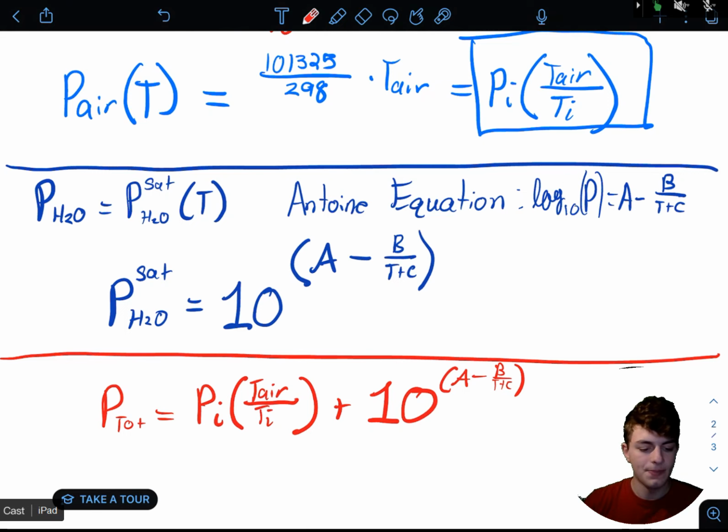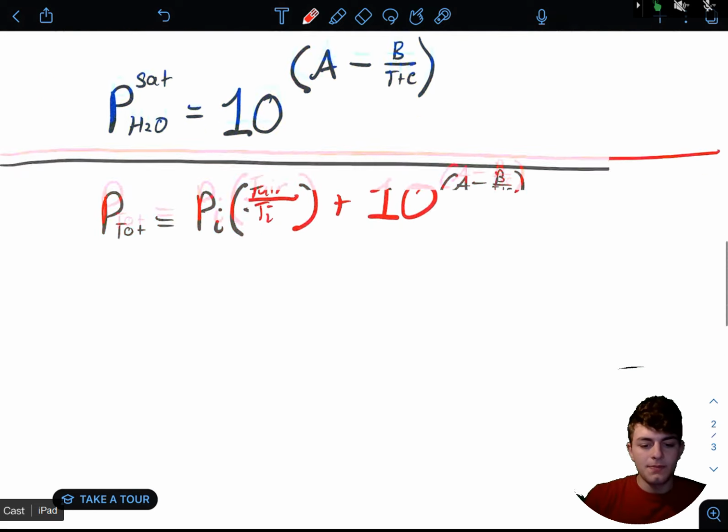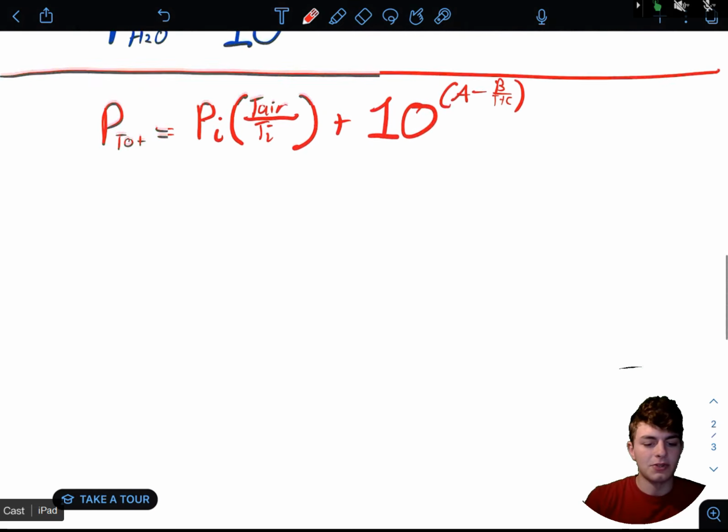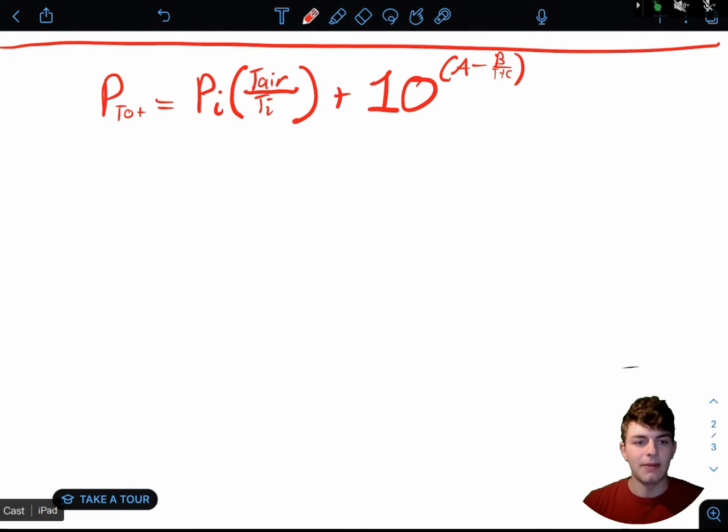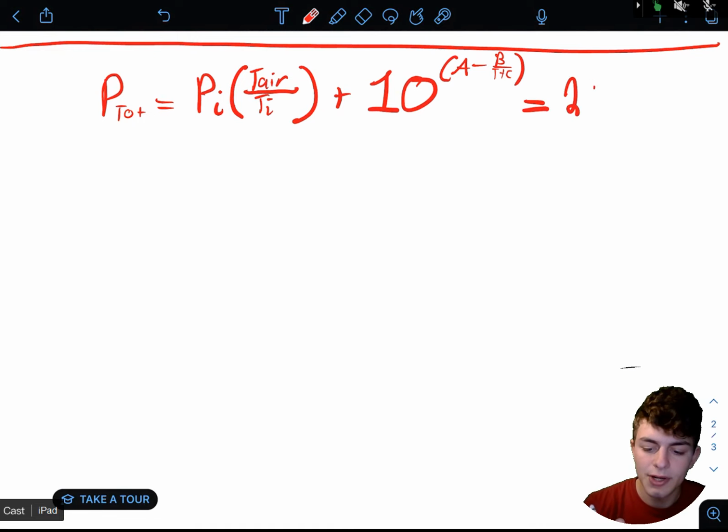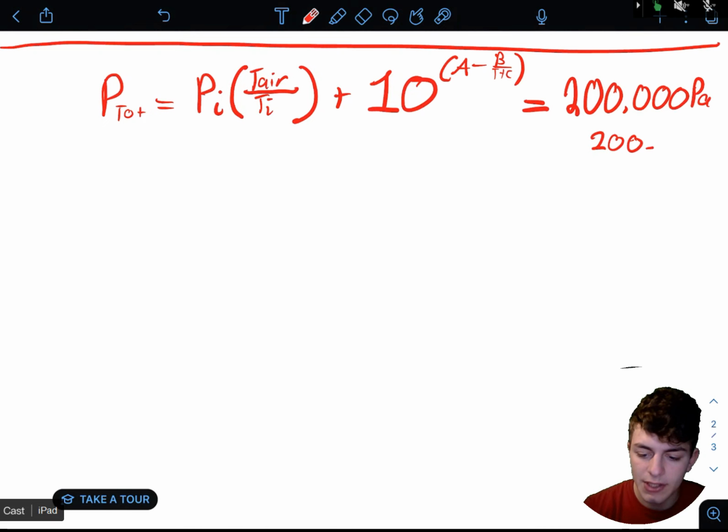Okay, cool. Given this equation, it is now time to actually solve for what that final temperature is going to be. Remember, we want our final pressure to be equal to 200,000 pascals. We can also write this as 200 e to the third or 2 e to the sixth.